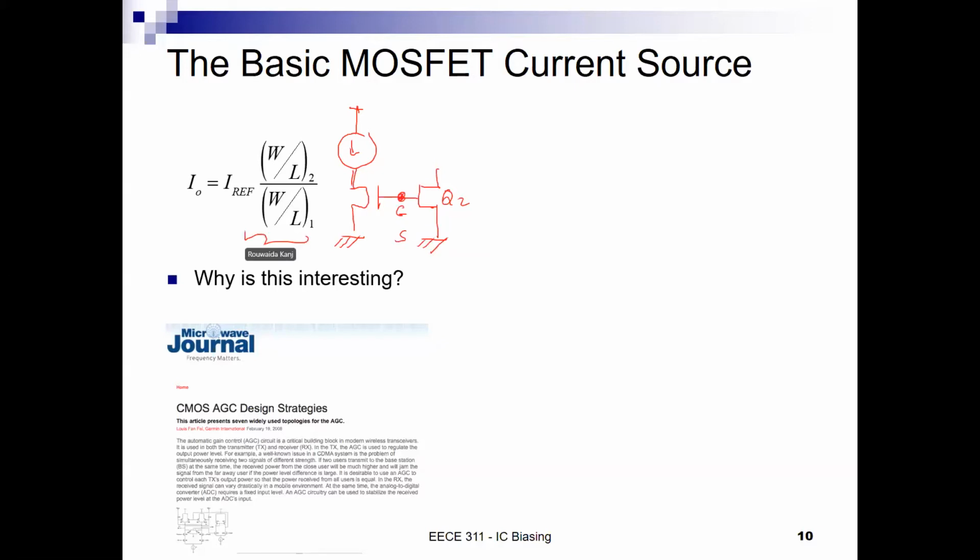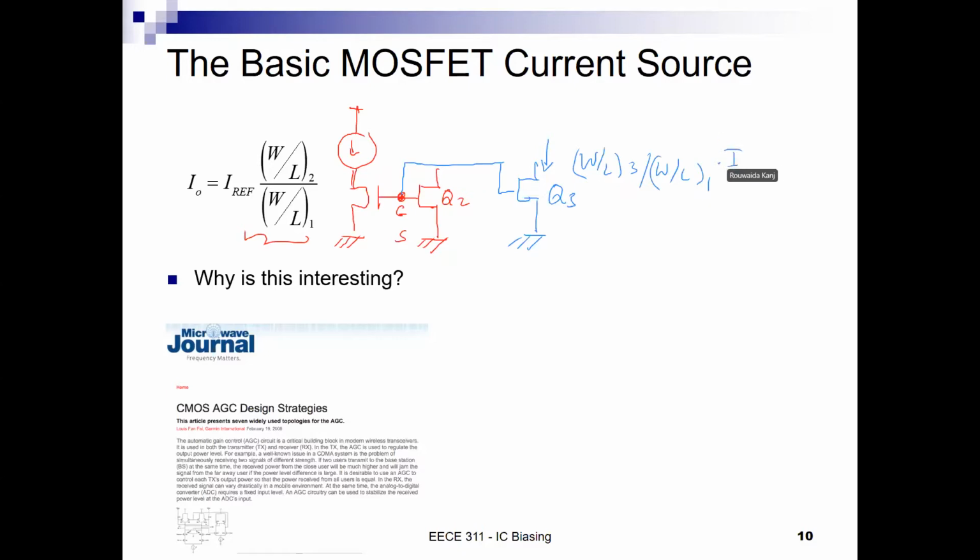Now I'm going to ask you a question. If we have another connection here going into another transistor Q3, what is the current that is flowing here? IREF times the ratio of W by L3 over W by L1, right?